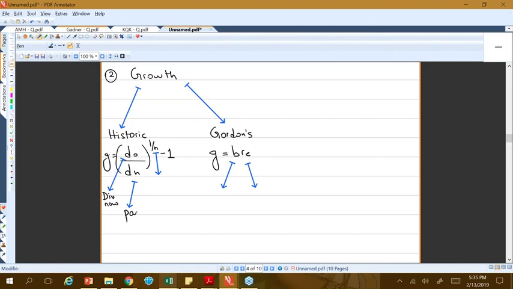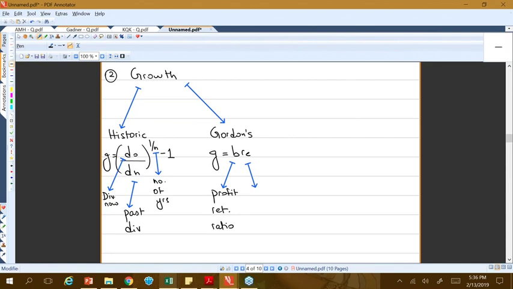And Dn is past dividend, or the dividend number of years ago. N is the number of years. So if I'm using a dividend 3 years ago, then N is obviously 3. If I'm using a past dividend of 4 years ago, then N is 4. So that is the historic model. Then in the Gordon's model, B here is the profit retention ratio.